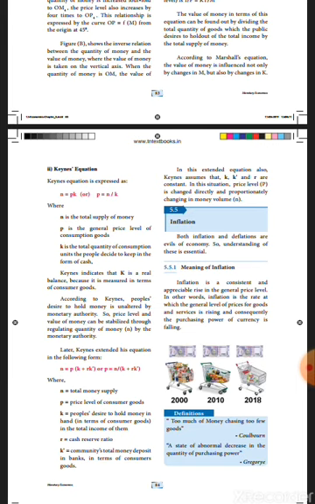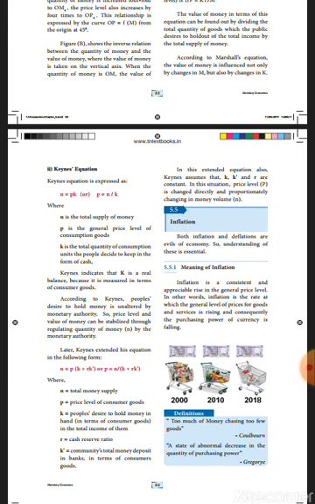Keynes assumed that K dash and R are constant. So in this situation, the price level P changes directly and proportionately with the change in money volume N. This is about the Keynes equation. So we have finished the theories of money.